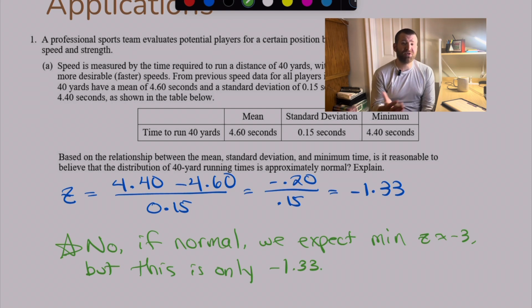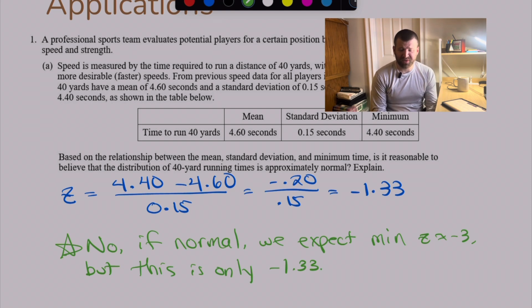You could also go to a percentile here. I believe around negative 1.33 is going to be roughly 9% of your data. And so your minimum is in the 9th percentile here, as opposed to we would expect it to be significantly lower than that. You would expect your minimum to essentially be the 1st percentile or lower.